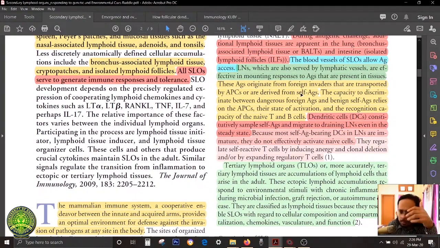I'll talk about APCs in my sessions, but just for you to know right now, APCs are antigen-presenting cells. As we just discussed moments back, the secondary lymphoid organ is not just a place where the antigen comes.